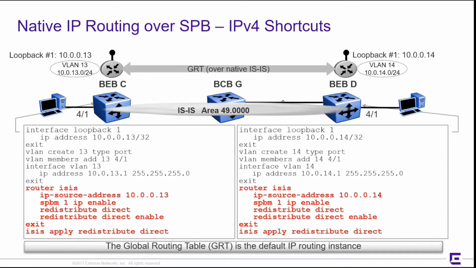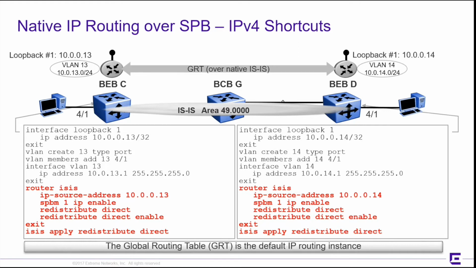So when you hear distribution layer, that's the functionality that we're talking about, right? So you see it's a very small number of configuration parameters to enable IP shortcuts globally, right? Router ISIS, source address, enable IP on the SPBM instance.